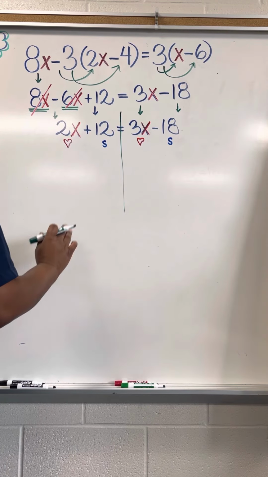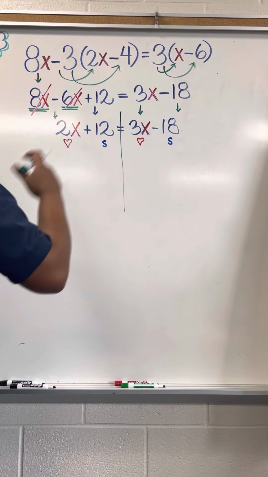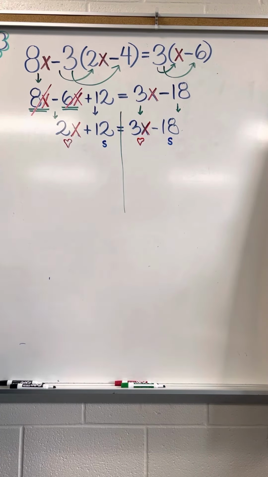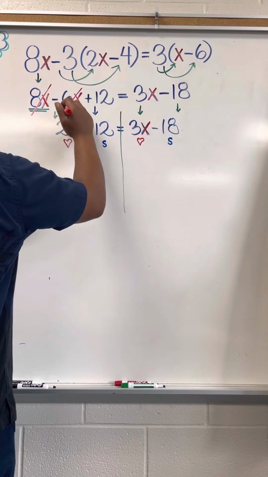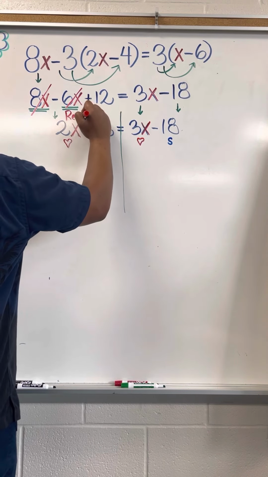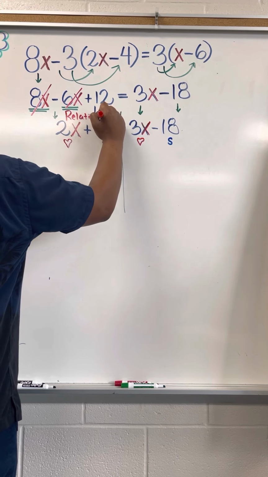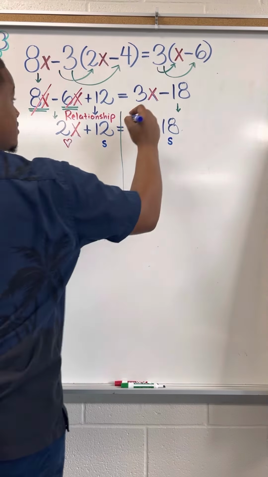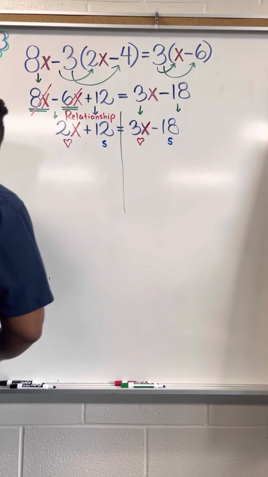And what we're gonna do is pick a side to label as the relationship side, and one side as the single side. So we might as well label the left side as the relationship side because there is a relationship on the left side. And the other side, we're gonna label as the single side.